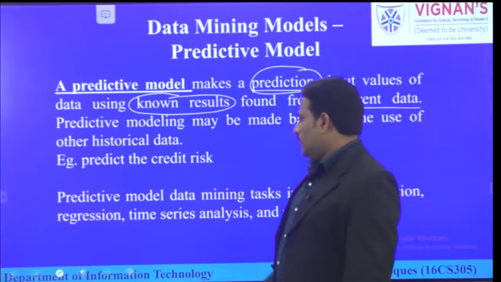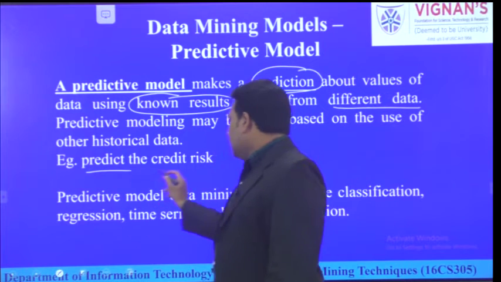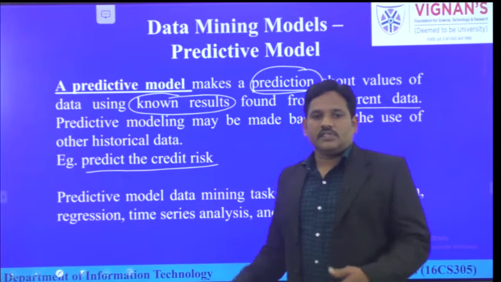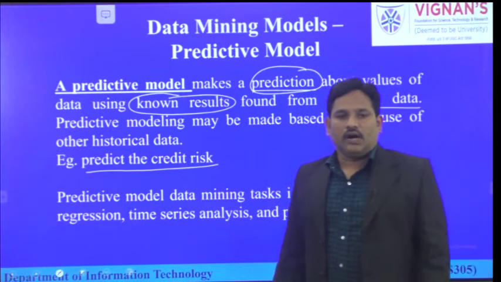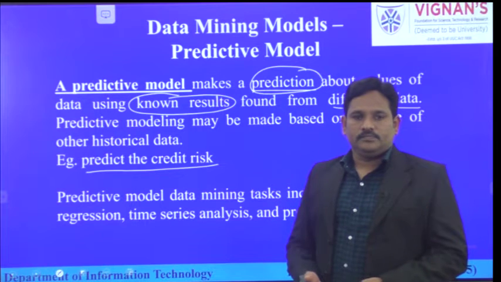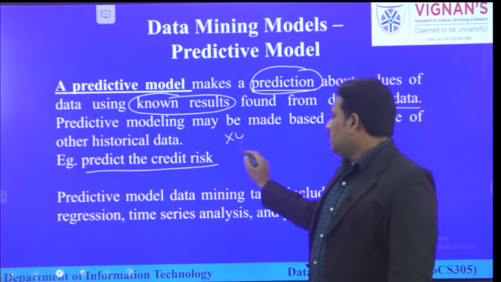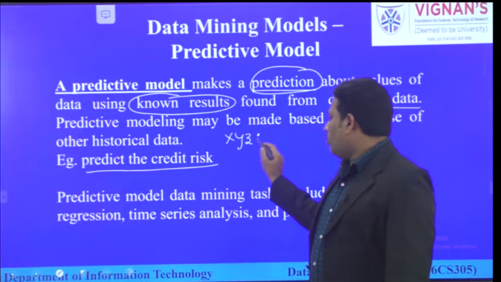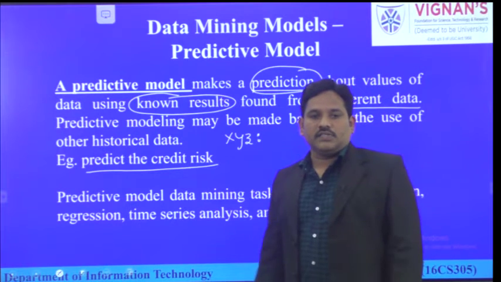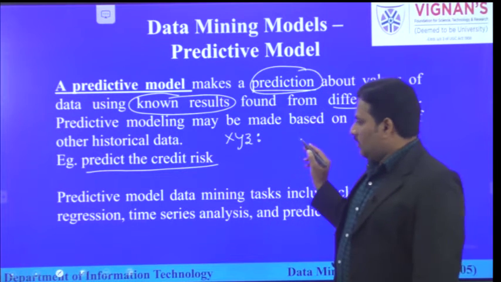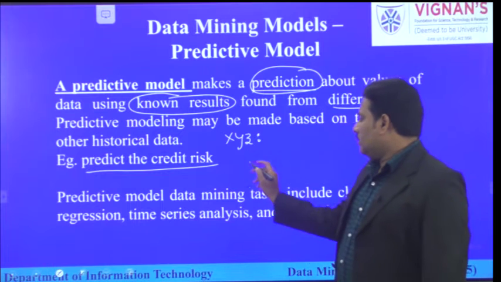Let's have a look at one example. Predict the credit risk, or I can say predict the credit card risk. How can you predict a credit card risk? Let us take there is a customer called XYZ. He or she is performing credit card transactions every month. For our convenience, we will take one generalized example.